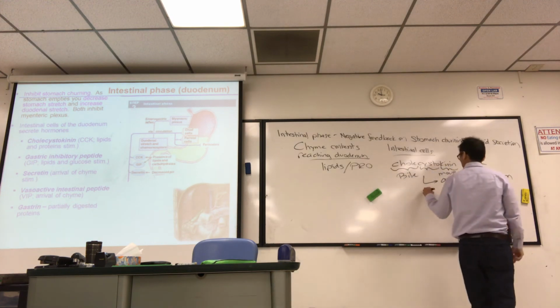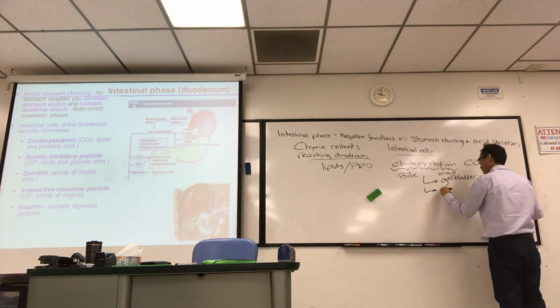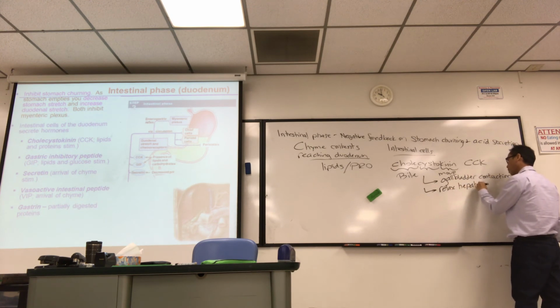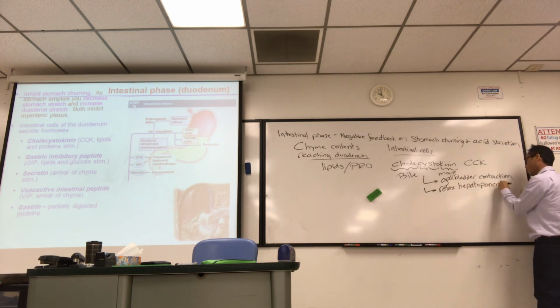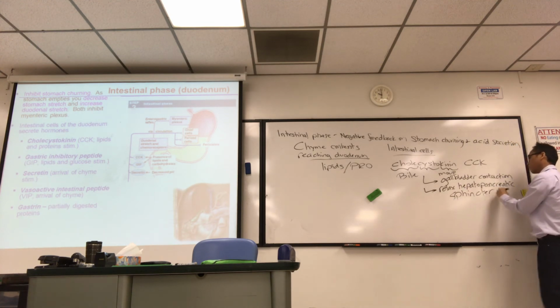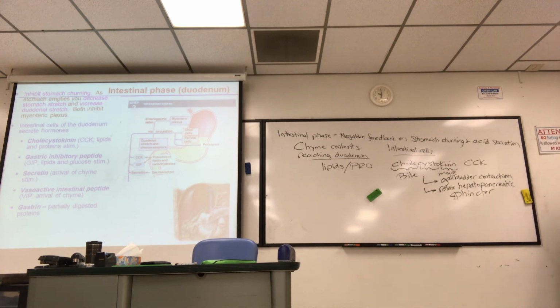So I'll add to the list: relax what's called the hepatopancreatic sphincter. Hepato refers to liver, pancreatic obviously refers to pancreas. The sphincter is just the little valve that opens and allows this juice to flow into the duodenum.